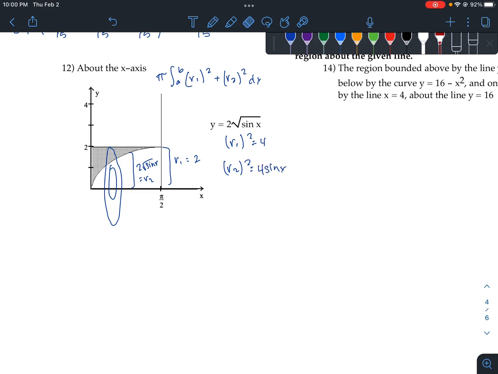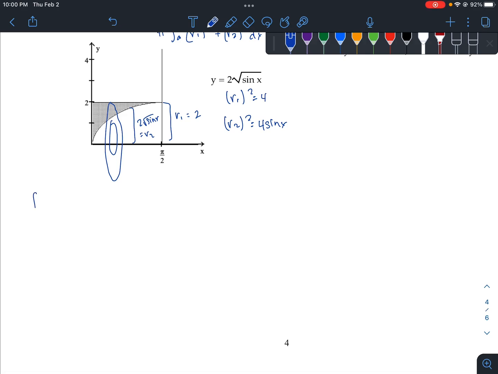So my integral, I guess I'll keep that there. I should have the integral from 0 to pi halves of the outer radius squared, 4, minus the inner radius squared, 4 sine of x dx.